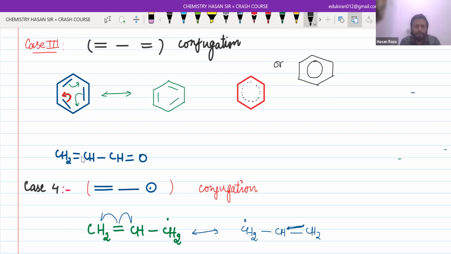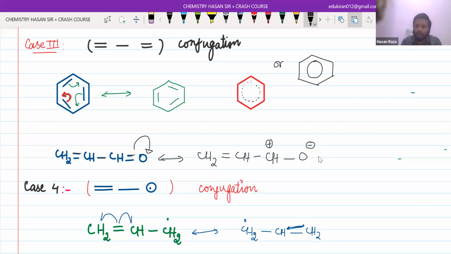Now see, this is the pi sigma pi. So what will happen? This is the more electronegative element, so it will attract electrons. So this will be the resonating structure. Since carbon donated, it will have delta positive, and this will have delta negative.